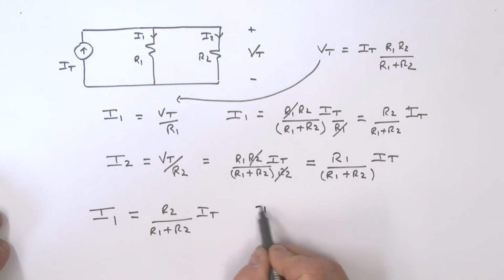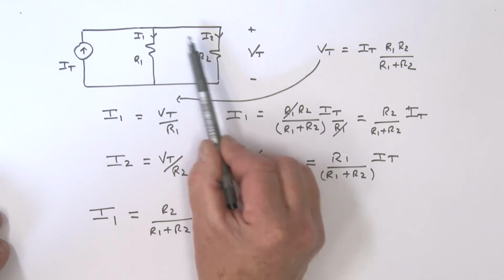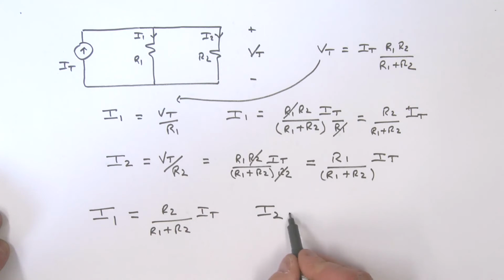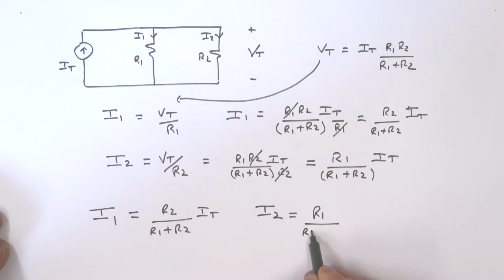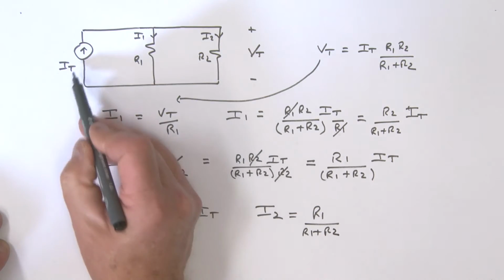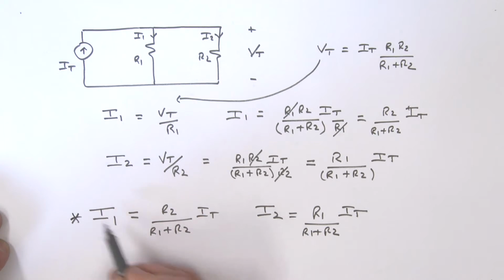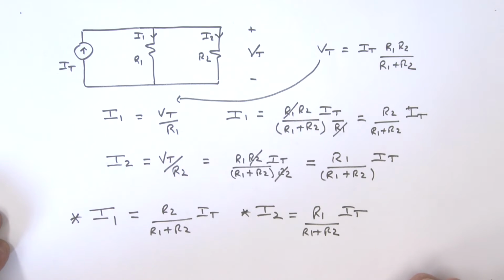If I want the current I2, I take the opposite resistor, because I2 is in here, which is R1, divide by the sum of the two, R1 plus R2, and multiply it by IT. You'll see that these relationships are the same as what we derived above from a first principle point of view. So this is the current divider relationship.